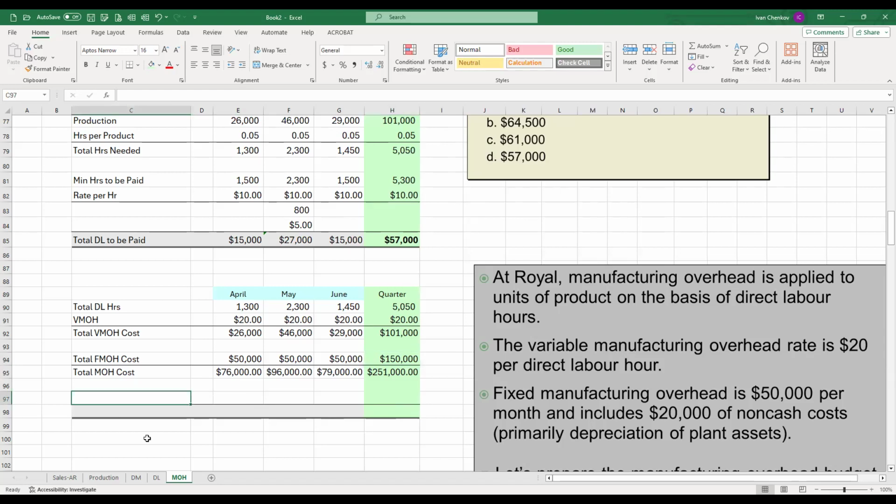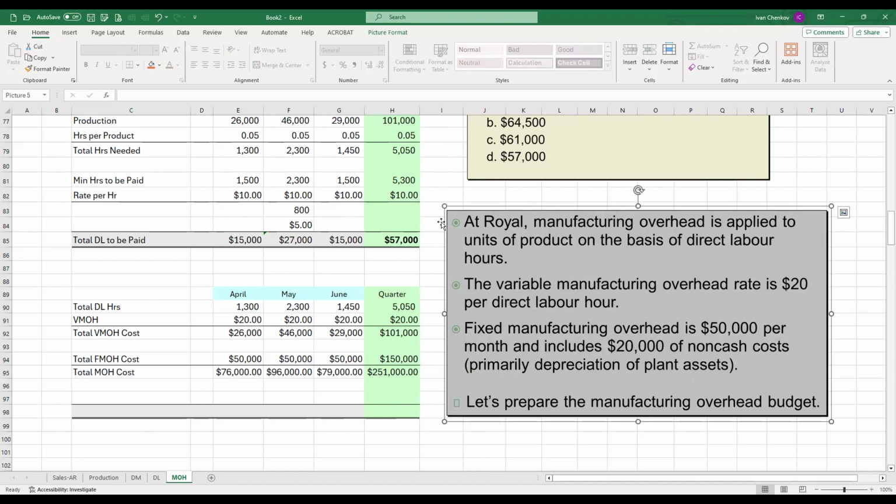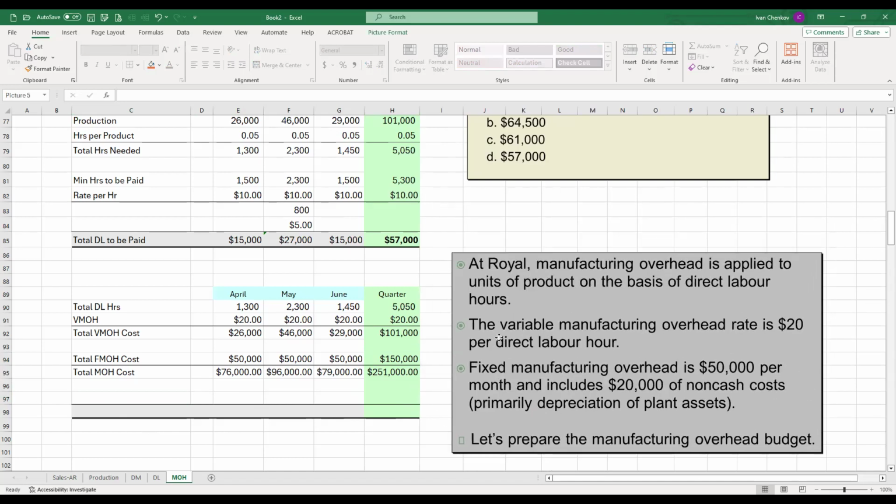Now, if we want to see how much cash we're actually paying, we have to deduct the non-cash item, correct? Because for the depreciation, we're not going to pay cash. Deduct non-cash, which is here 20,000.